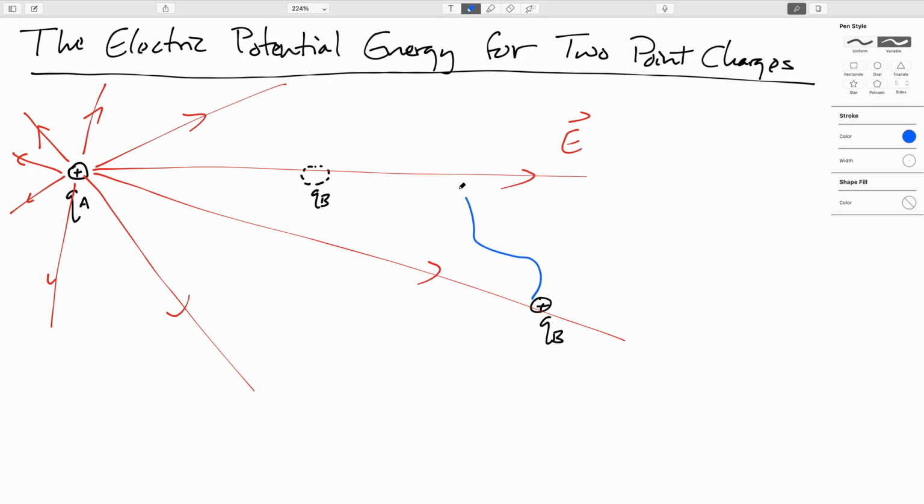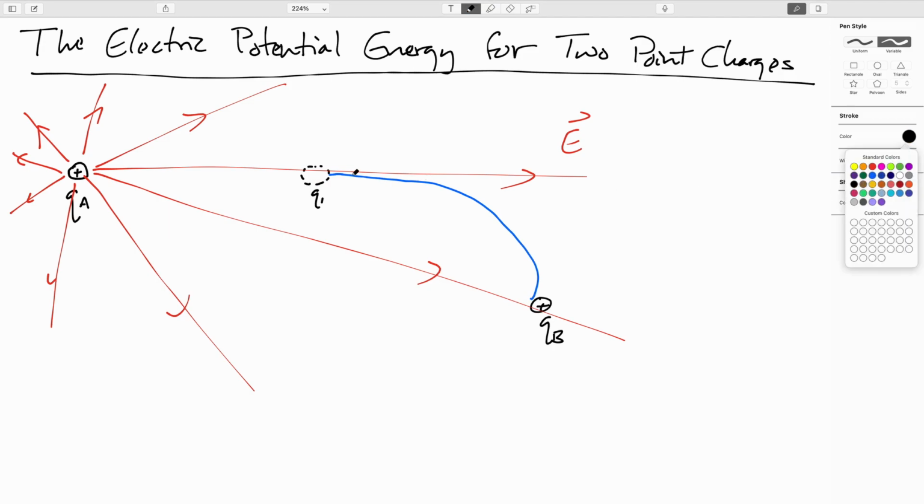So what you need to be able to show is that for every possible path that connects your beginning and your ending point, you will get the same answer for the work done by the electric force.